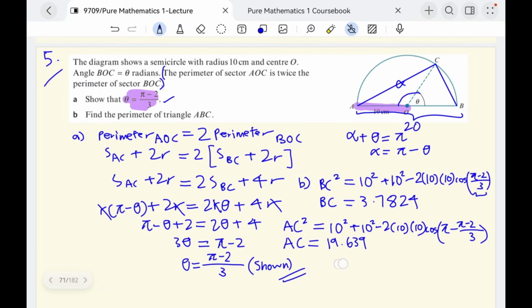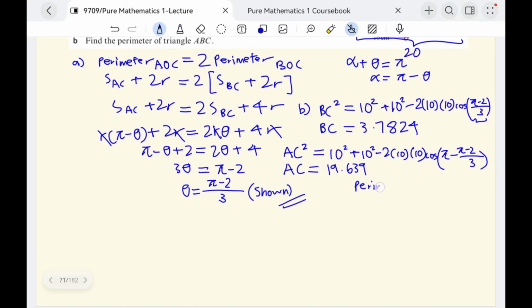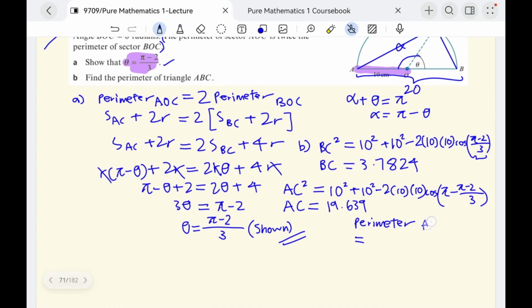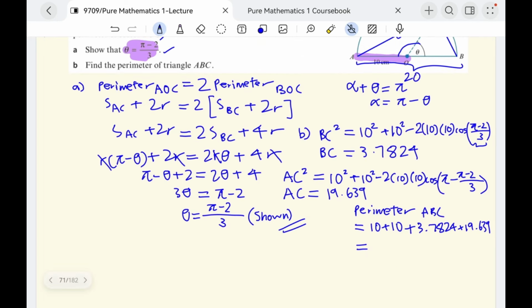Finally, to find the perimeter of ABC, just take the sum of 10 plus 10, or you can directly write 20, because 20 is the diameter, twice the radius of 10, plus 3.7824 and 90.639. Finally, you can press your calculator and see.